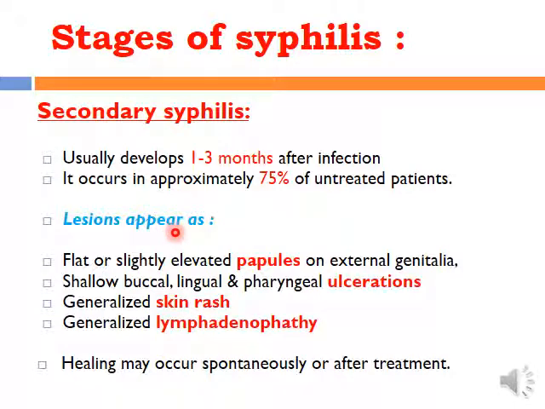Here the characteristic lesions in the secondary syphilis include flat lesions or papules that develop in the external genitalia.